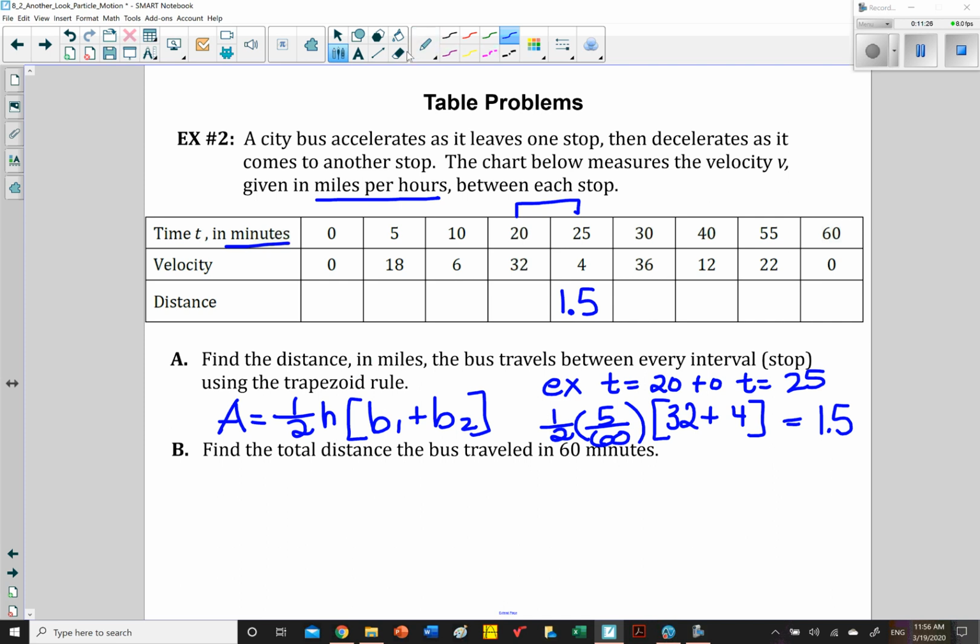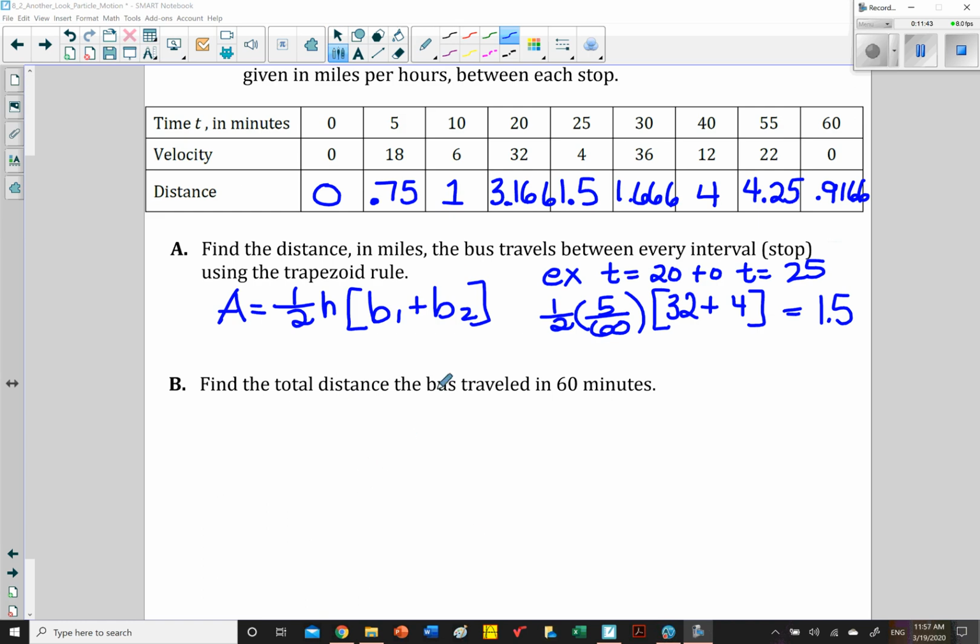So that's the procedure you would follow for each one of those. You might want to stop the video and calculate each of those values, and then we'll finish the questions. Okay, you've had enough time to do that. These are the values I got. You want to check that you have the same amounts that I have, that I haven't made any mistakes.